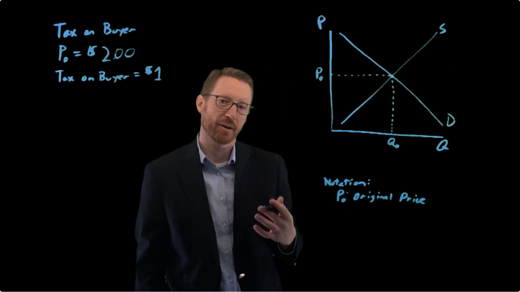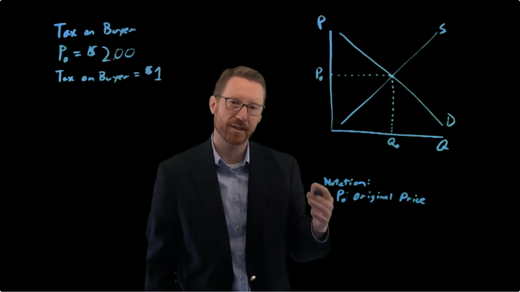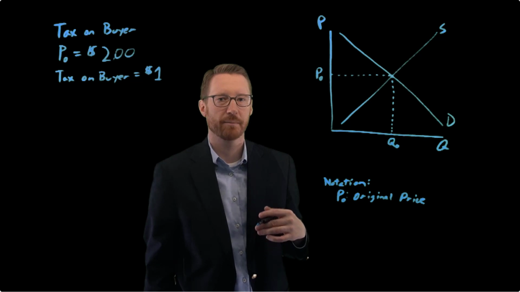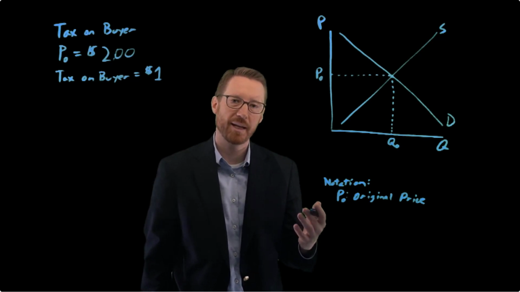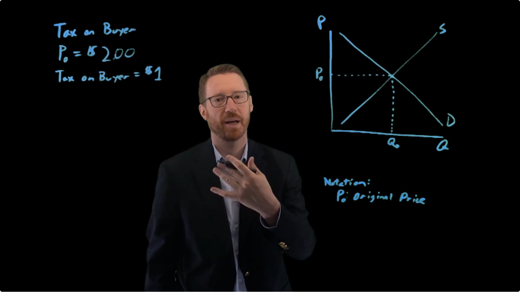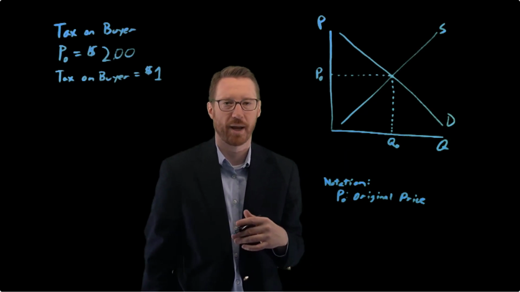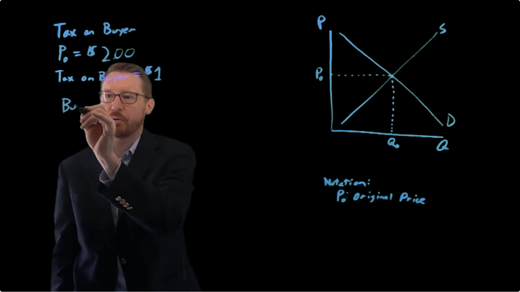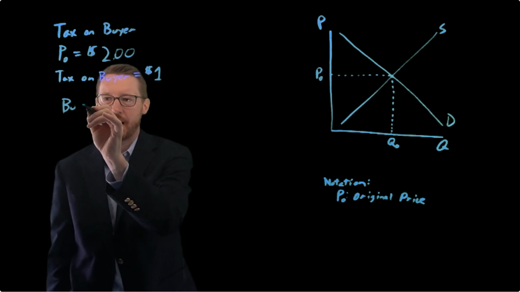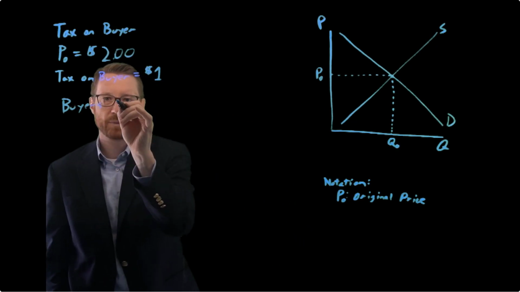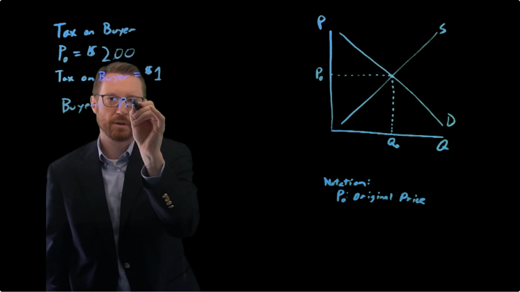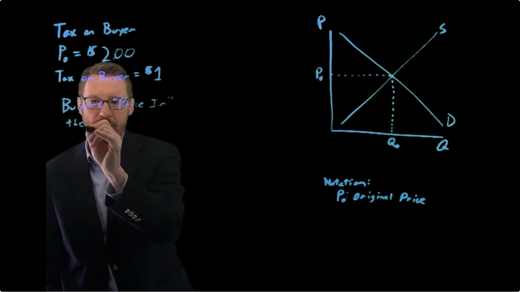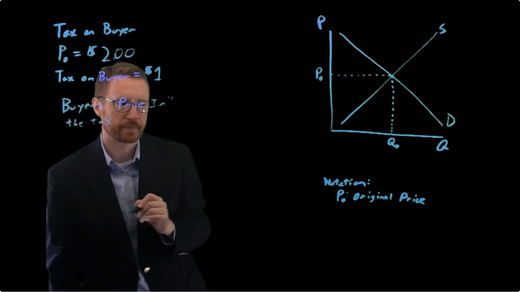Well, if you're a buyer and you know that if you go in to buy some M&Ms, you're going to have to pay a tax on those M&Ms, you're going to figure that in to how much you're willing to pay the store, knowing that you also have to pay the tax. So the buyers are going to price in the tax.